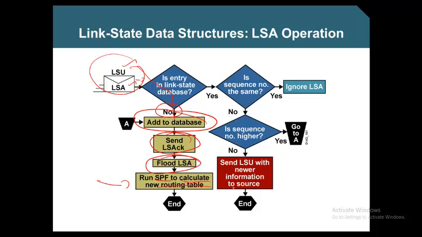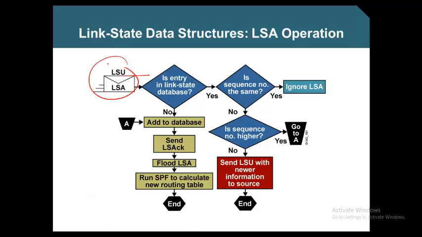If the sequence number is not the same, it will check whether it is higher or lower. If it is higher, then what is incoming is the latest. So it will add to the database here.